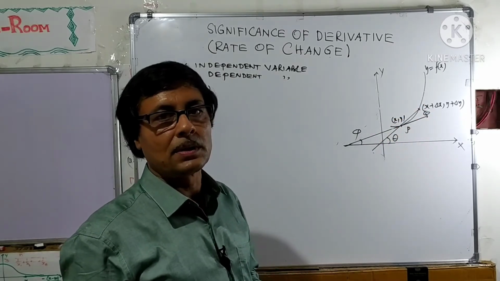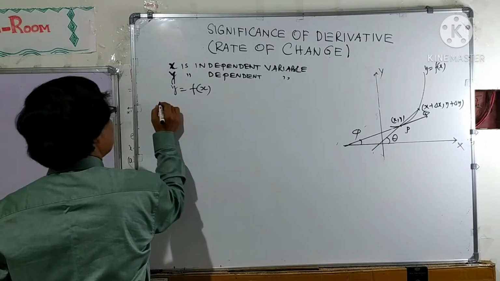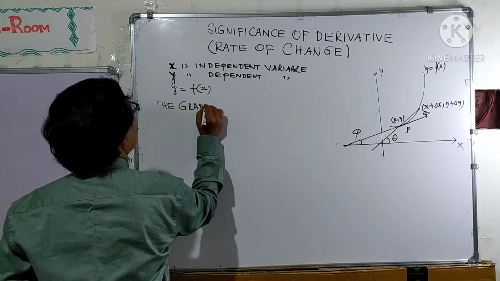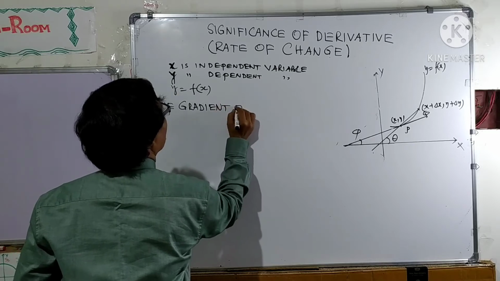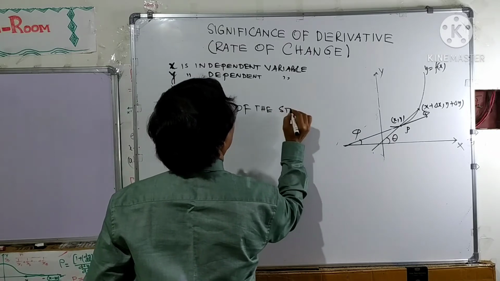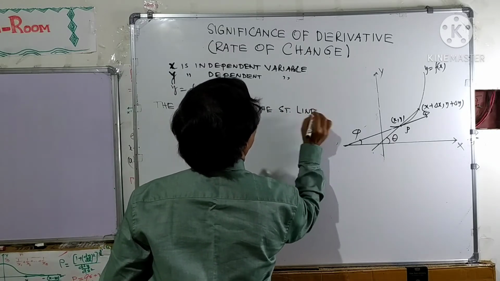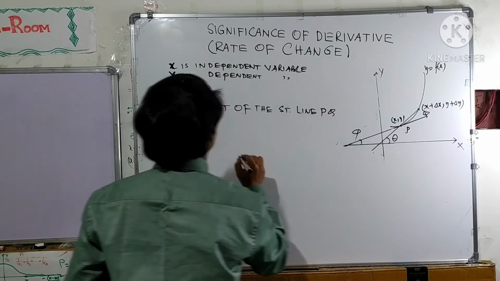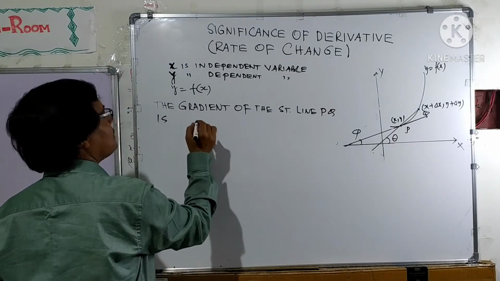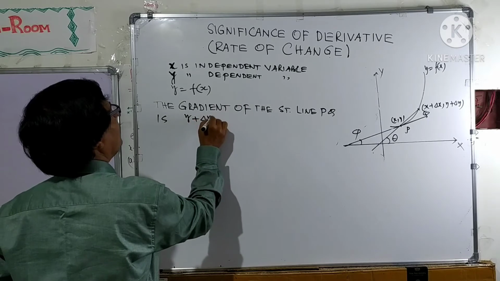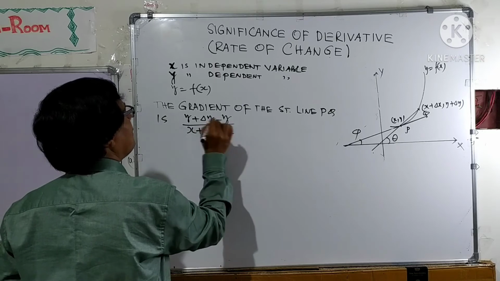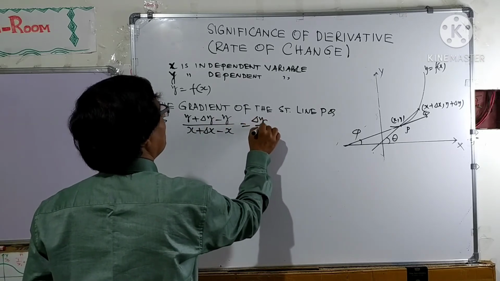The gradient is y2 minus y1, that is y plus del y minus y, over x2 minus x1, that is x plus del x minus x, which is del y by del x.